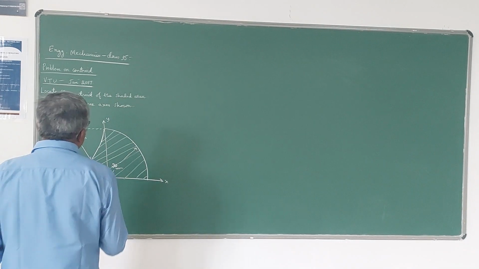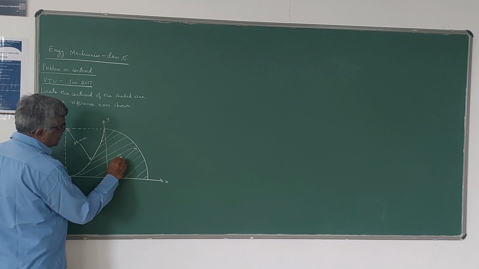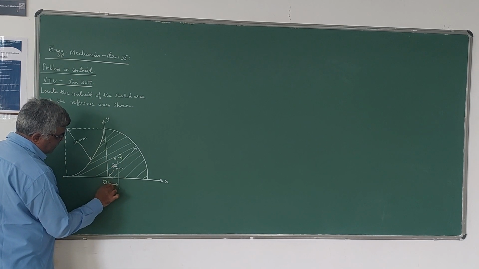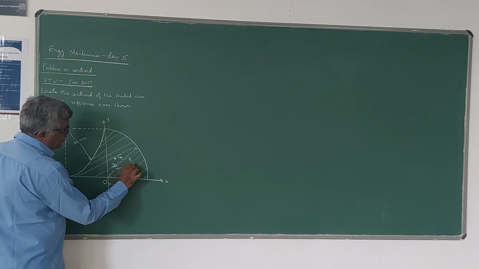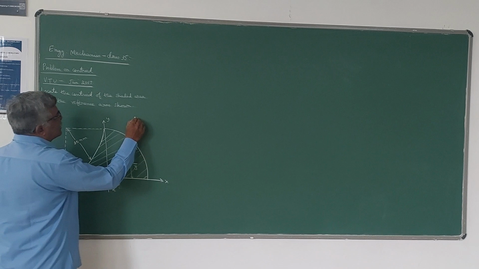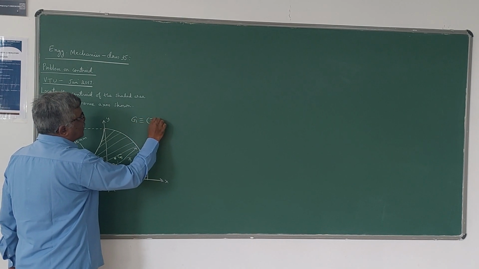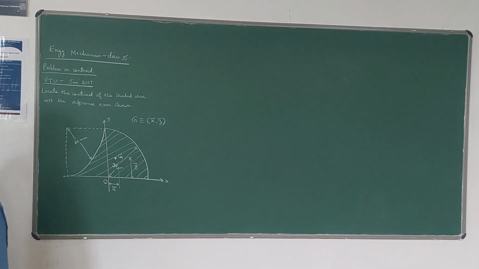The centroid may lie somewhere here, G, so that the distance of this G from y-axis is x bar and from x-axis it is y bar. So we have to find out the values of x bar and y bar, or we have to locate the centroid G of this shaded region.